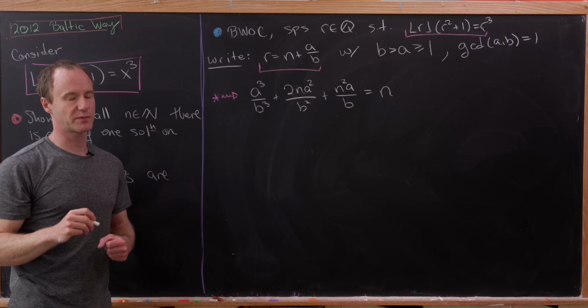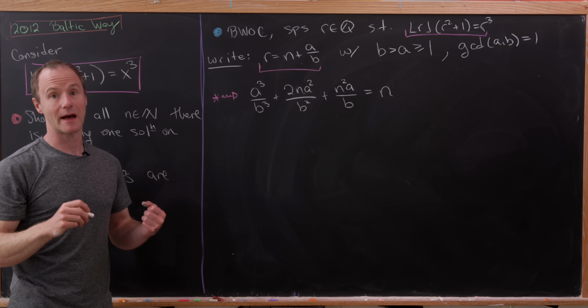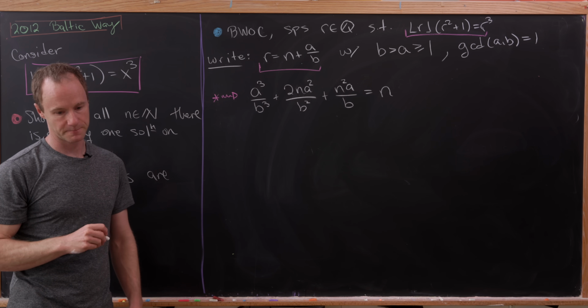So that was simply replacing that epsilon with A over B.